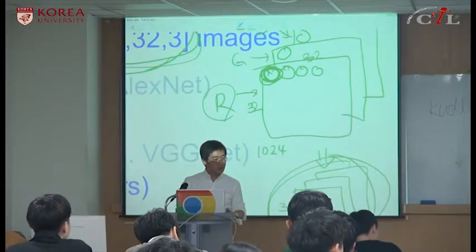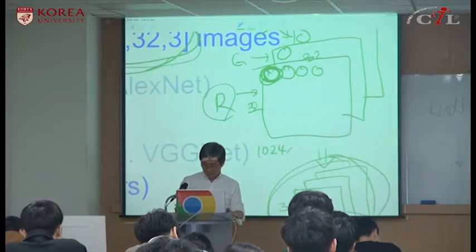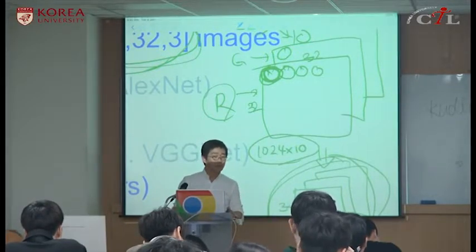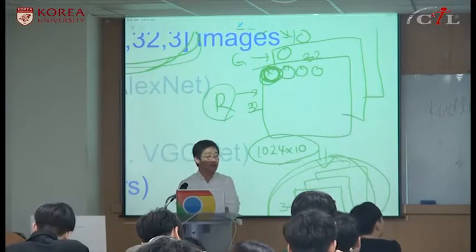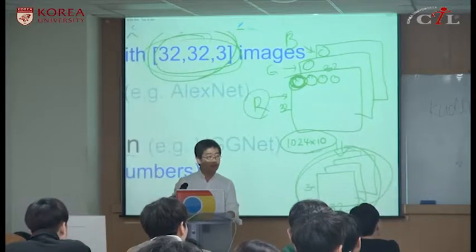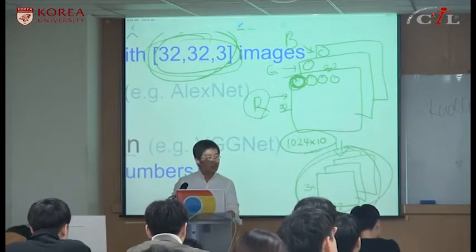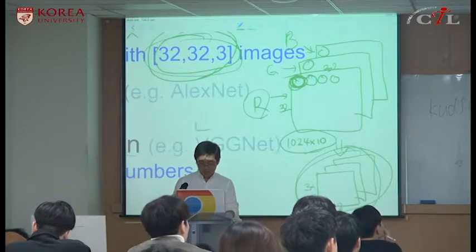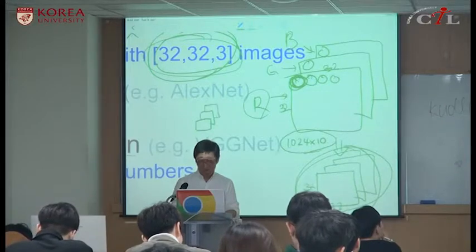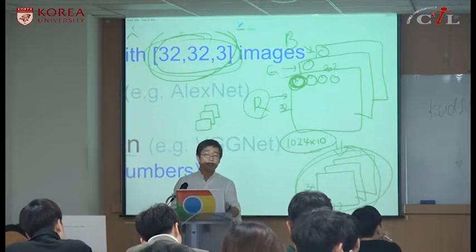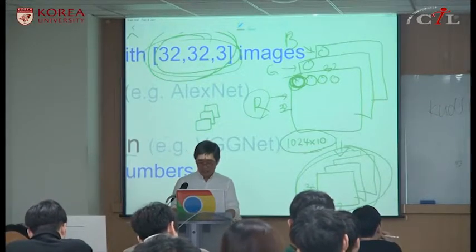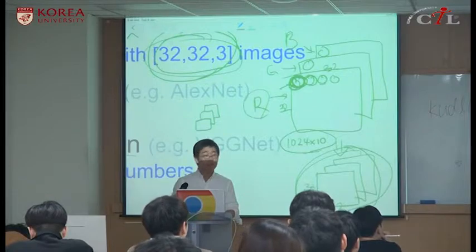If we collect the R channel values, we have in total this number of R pixel values, okay? And then we just take the average among them. If we compute the average in this manner for each channel, we will have a single average number for the R channel and a single number for G and B.